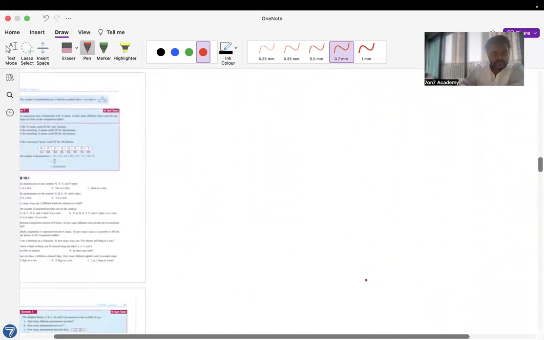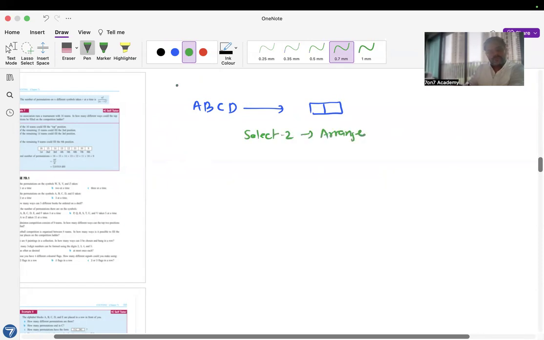Now, see, if you have objects A, B, C, D, and I am saying just form two-letter words, how many different two-letter words can you form? In this case, you first select two, then arrange them. Selecting 2 out of 4, then arranging 2 out of 2, which is 2 factorial.